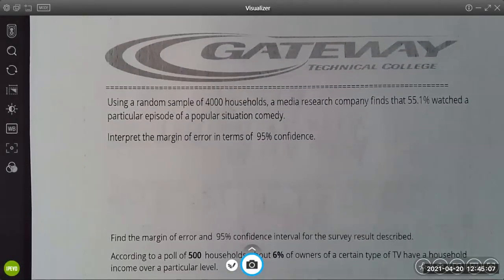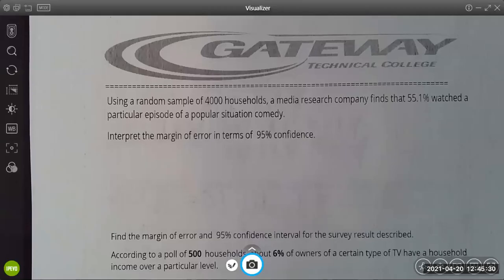Using a random sample of 4,000 households, a media research company found that 55.1% watched a particular episode of a popular situation comedy. Interpret the margin of error in terms of 95% confidence.